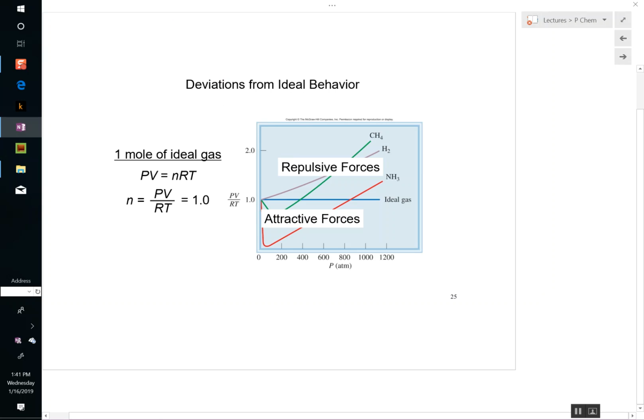Okay, real gases. As we get into the van der Waals equation, I think that's where we'll pick up on Friday. There's a few slides here.